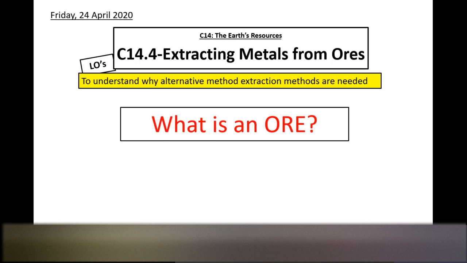I want your definitions. Cast your minds way back, we did this around February 2019, last year. What is an ore?